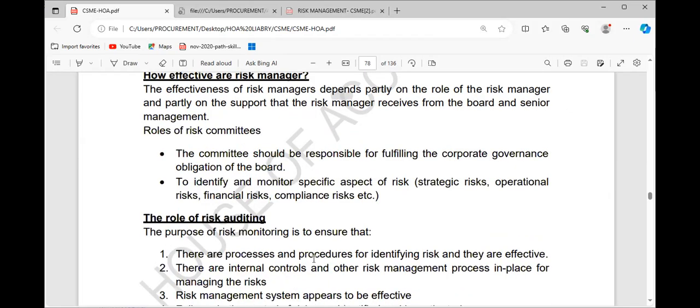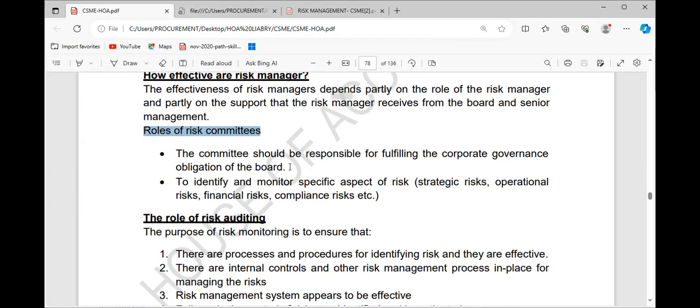Then, how effective are risk managers? The effectiveness of risk managers depends partly on the role of the risk manager and partly on the support that the risk manager receives from the board and senior management. The role of committee, this is the second part now. Don't forget I said it's divided into three parts. So the first one is manager, the second one is committee.